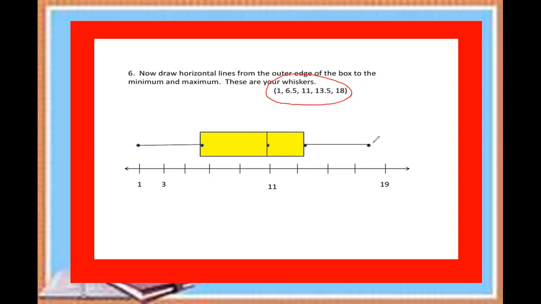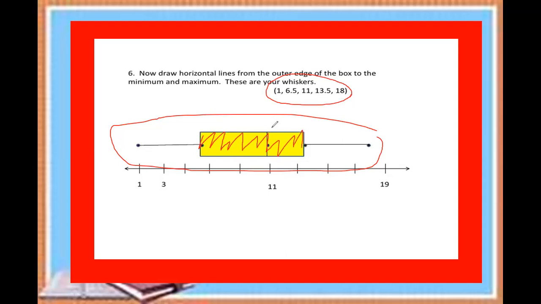When you plot the box plot, it should look like this. Your box will be the quartile 1, median, and quartile 3. But do not forget to put the line in the median area.